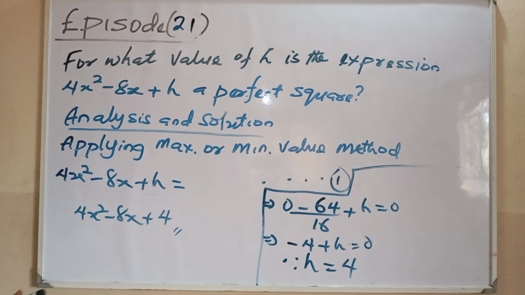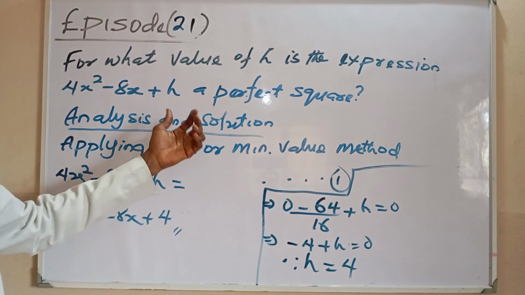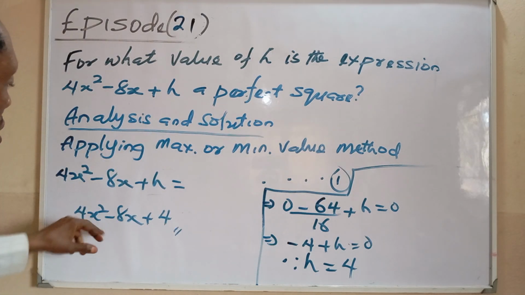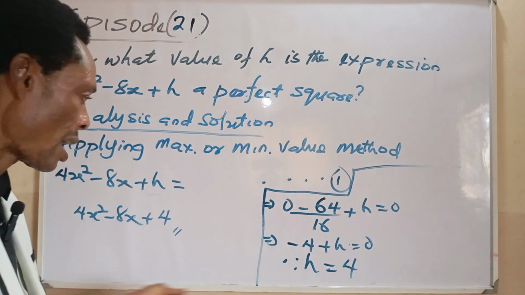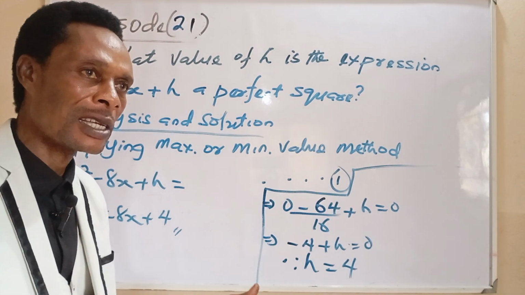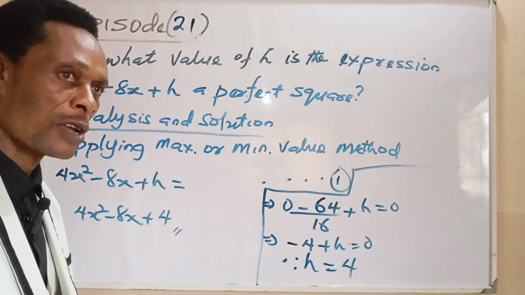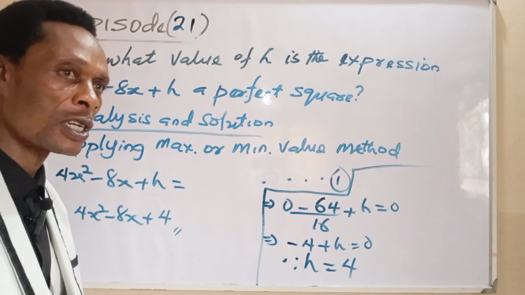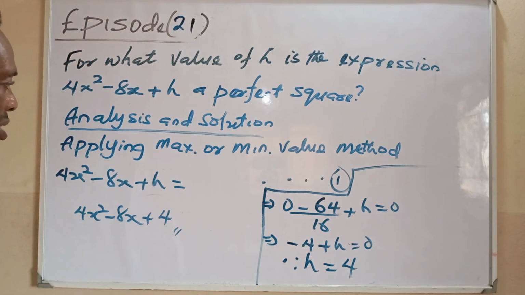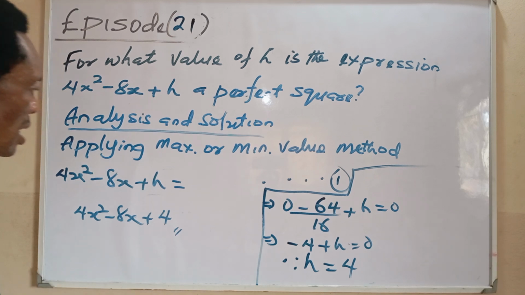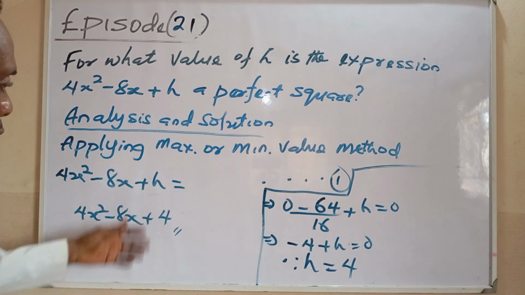You discover that it is 4 that must be added to the expression 4x squared minus 8x to make it a perfect square. And the 4 is also a perfect square, because 2 times 2 gives you 4, and the square root of 4 is 2. So I think we have used our maximum or minimum value method to sort this out.